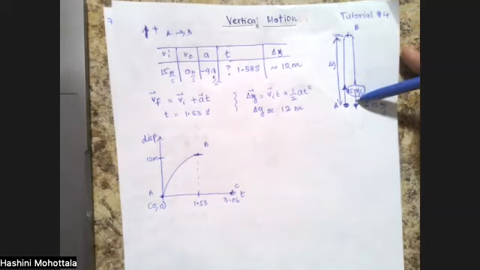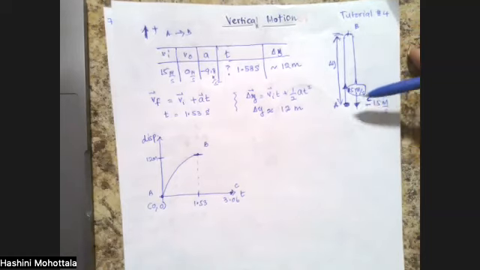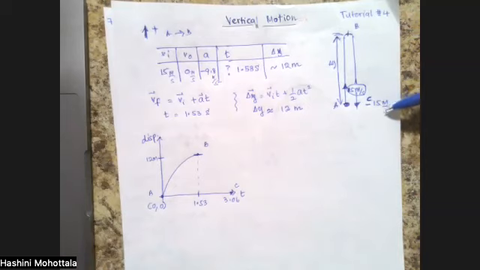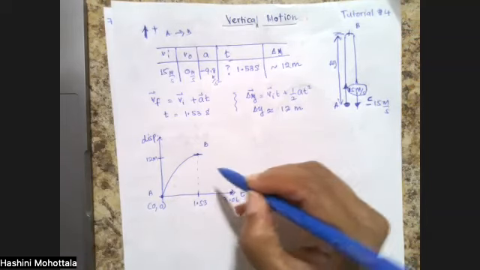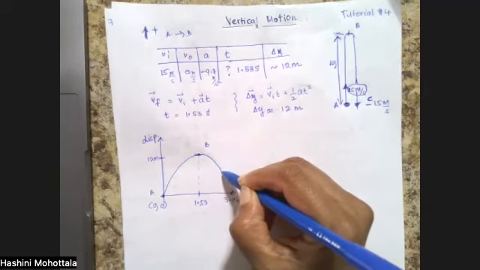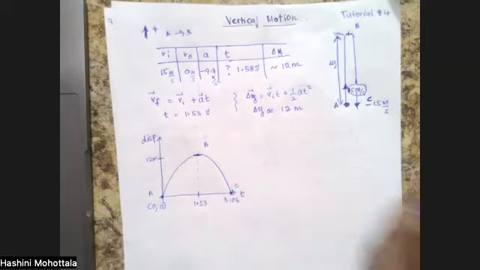When it reaches point C, the same point where it started, there you have a velocity of 15 meters per second pointed in the downward direction. Therefore, it is negative 15 meters per second. So we are drawing an increasing velocity pointed in the opposite direction type of graph.